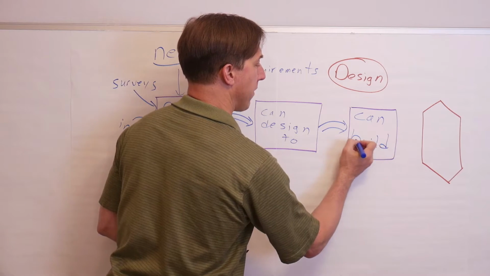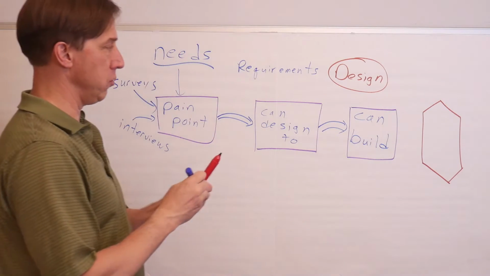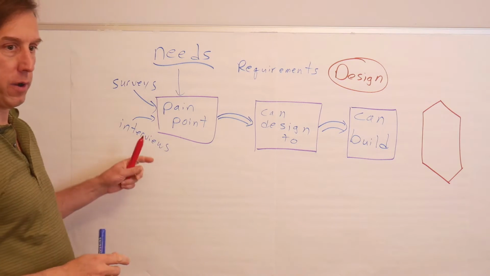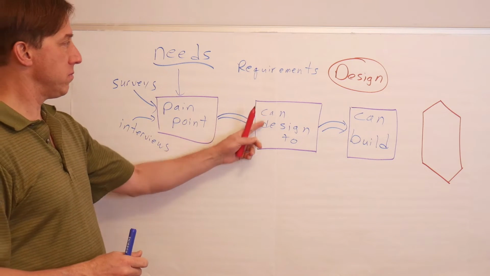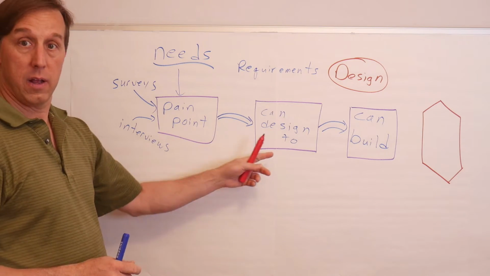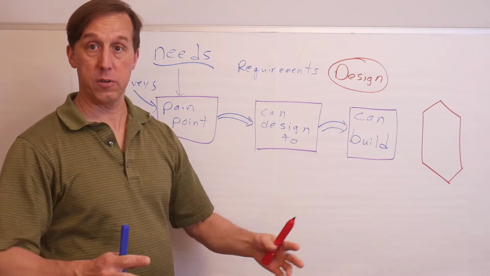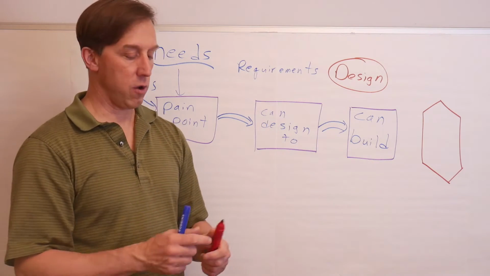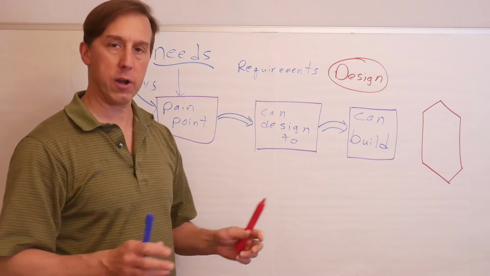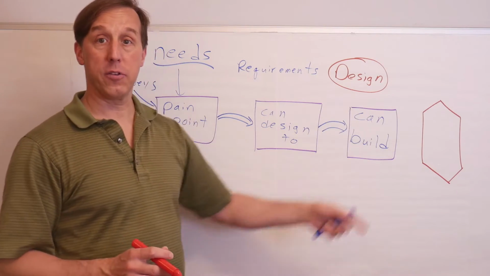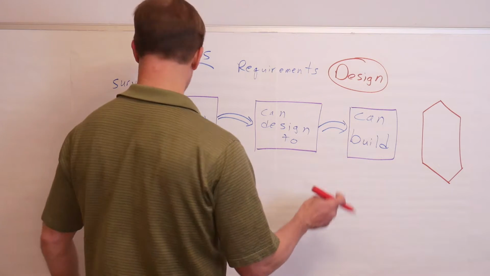And I'll use a hardware analogy, but the same applies to software as well. So now, again, systems engineering, we've gone from the pain point. Now it's something we can design to. Broken out the needs. Then we've created something that we can build. These are prints, software diagrams, maybe draft architectures, or even baseline architectures. Now we're able to do the final step, which is to get the product.